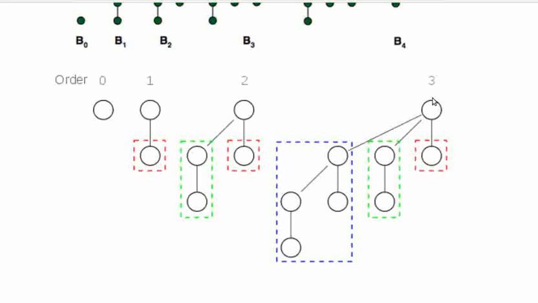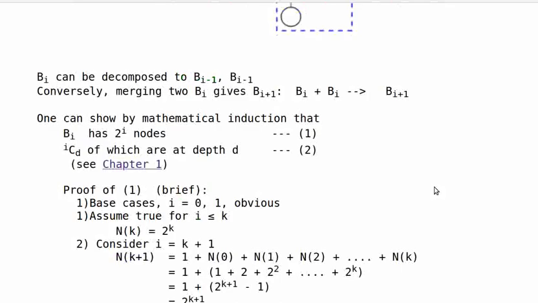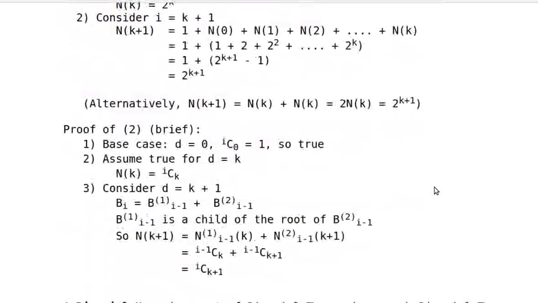But for this B2, this is the root, and for this B2, this is the root. So if this is at d equals 1, for this tree, it is at d equals 0. So that means we have this situation for n(k+1): one is at the k plus 1 level, the other is at level k. One is deeper than the other, as we just discussed.